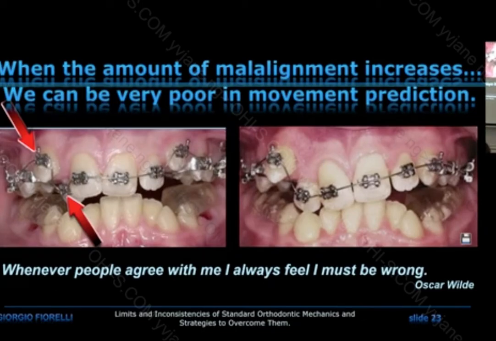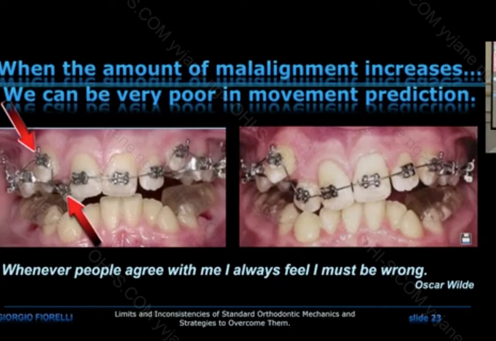But besides this, the only thing you should do is to use a different way. I mean, if you have to align this area, you need to place a vertical force on this canine. You need to apply an intrusive force and transversal force on this lateral.